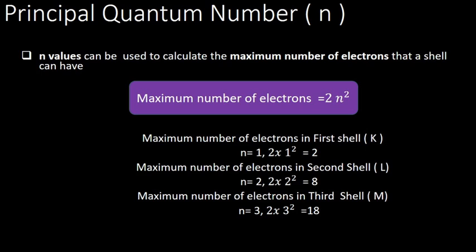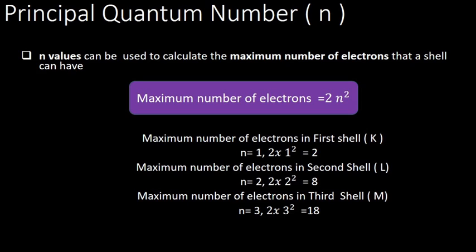For the first shell, K shell, n is 1. So 2 into 1 raised to 2; 1 raised to 2 is 1, so 2 into 1 is 2. So the K shell can accommodate a maximum of 2 electrons.